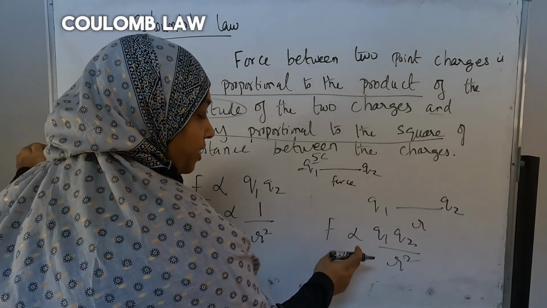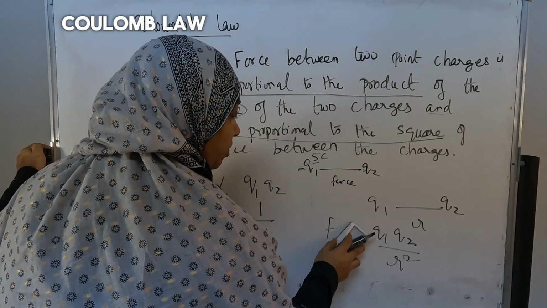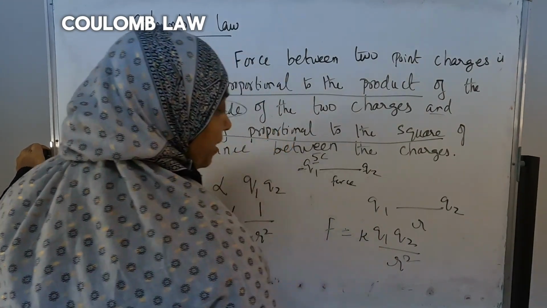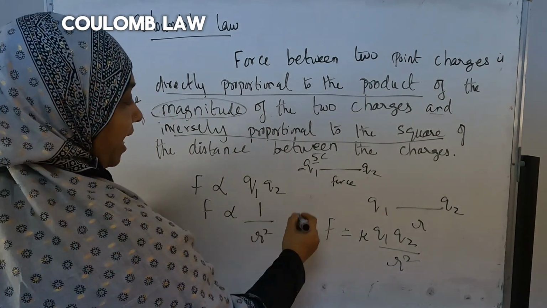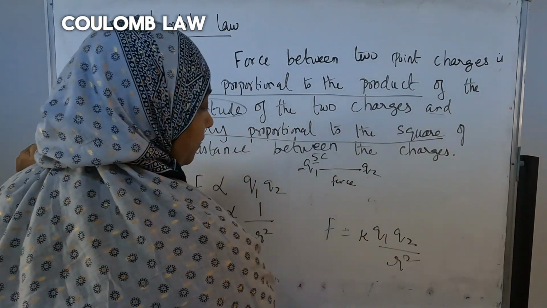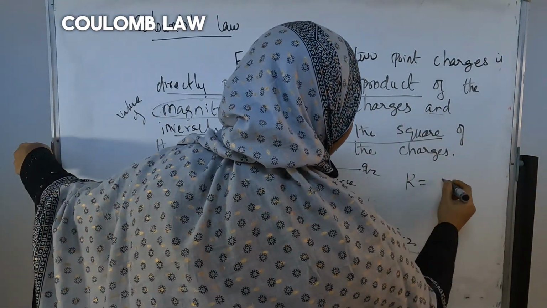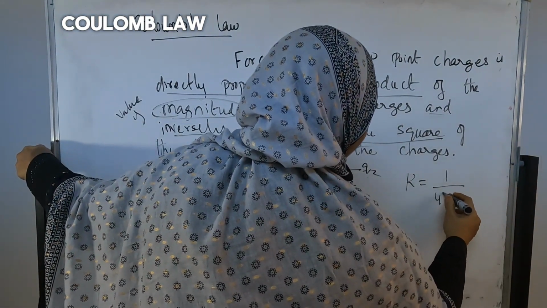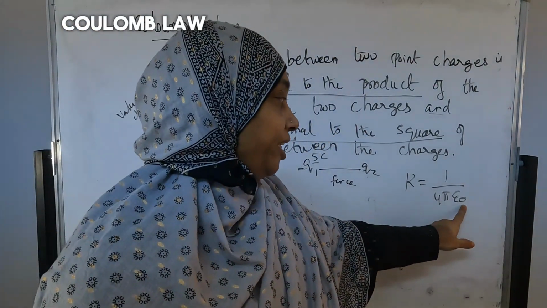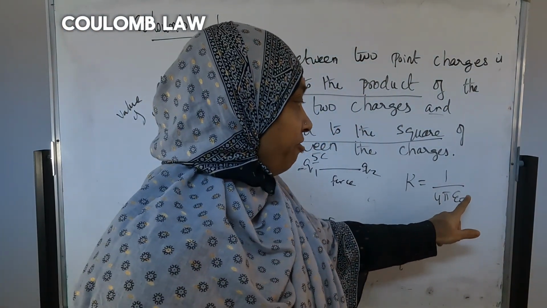To remove this proportionality symbol, we introduce one constant, that is called K. K we can write as 1 by 4 pi epsilon naught. Epsilon naught is the permittivity of free space.